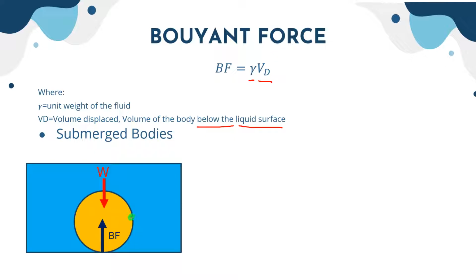To compute that buoyant force, you just have to multiply the unit weight of this fluid by the volume that is displaced, or the volume of the object that is occupying the fluid. Since this is the liquid surface, the body is fully submerged in the fluid. So what you are going to determine for the volume is the whole volume of this object right here.